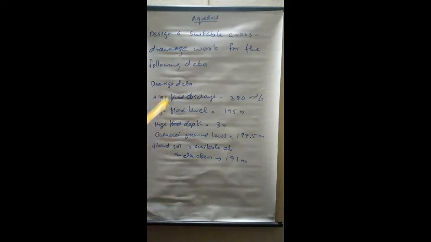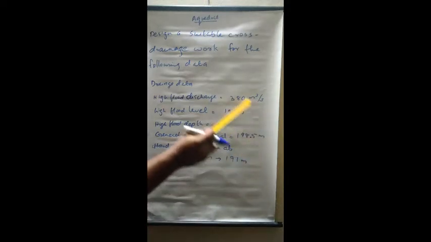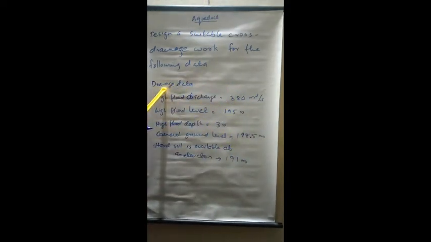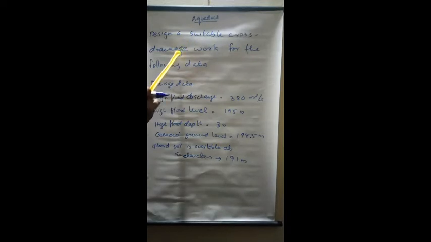So how do we know that the suitable cross drainage work is an aqueduct? That we can get from the data given. About the drainage data and the canal data, if you see, we can understand what type of cross drainage work is suitable for this condition.